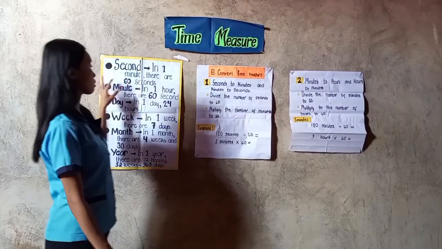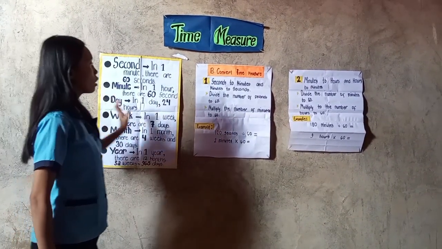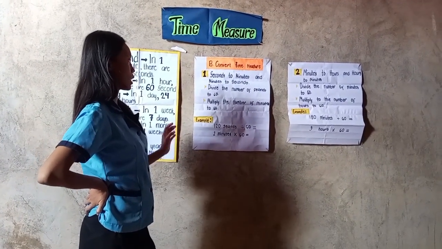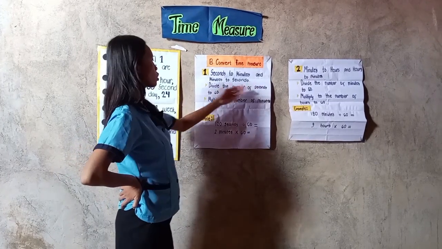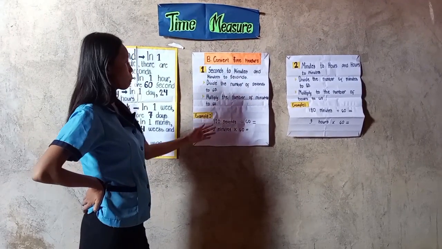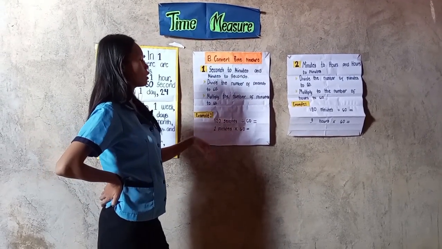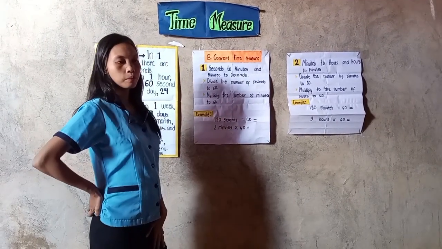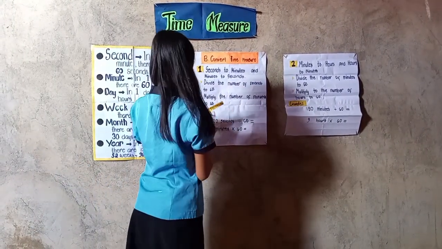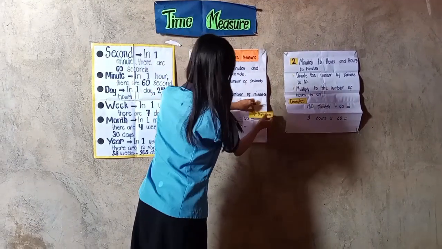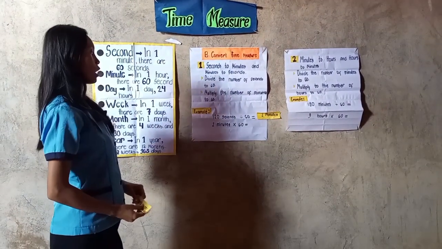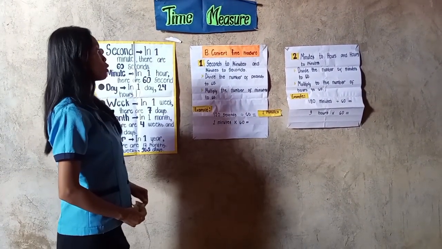To convert this time measure, we convert seconds to minutes and minutes to seconds. So we divide the number of seconds by 60 and multiply the number of minutes by 60. For example, we have 120 seconds divided by 60 equals 2 minutes, because we divide the 120 seconds by 60.